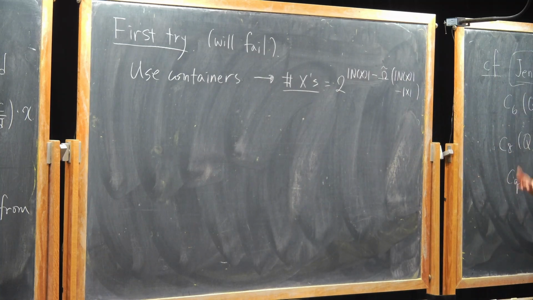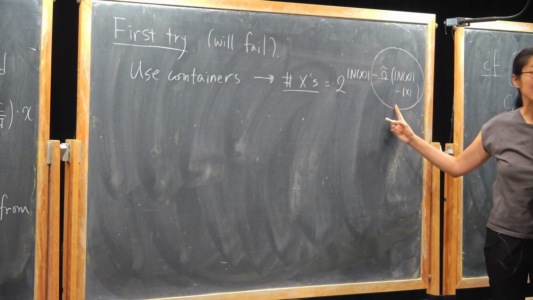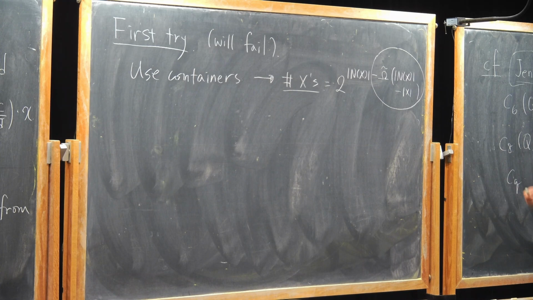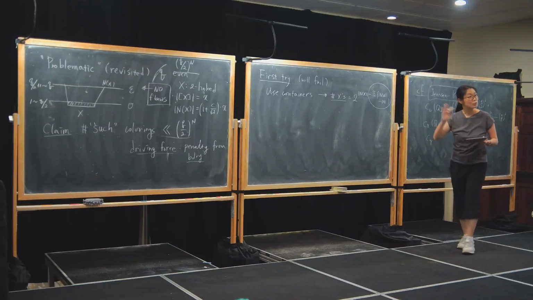But by using the container argument, we obtained this extra factor, which was really the driving force to prove the asymptotics for the number of independent sets. So this was very useful.